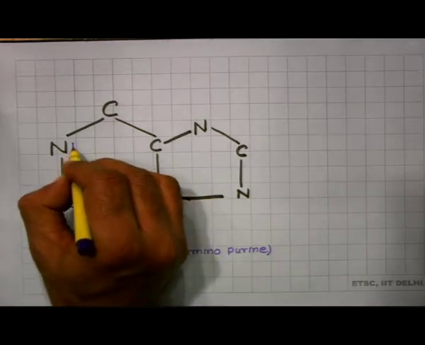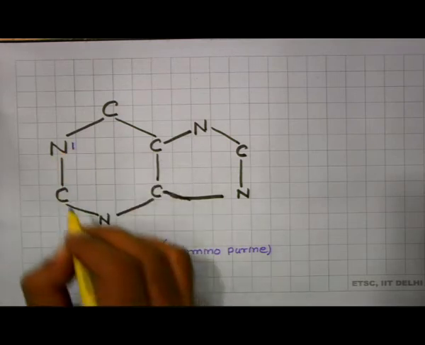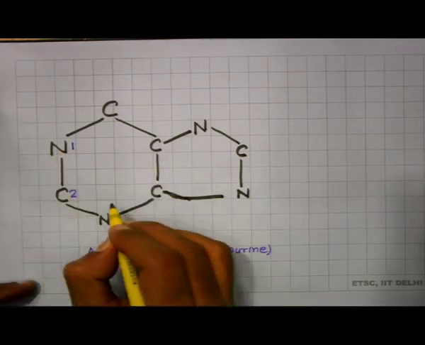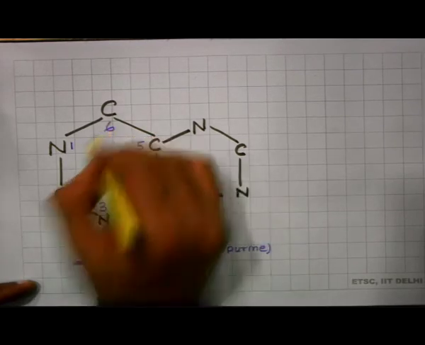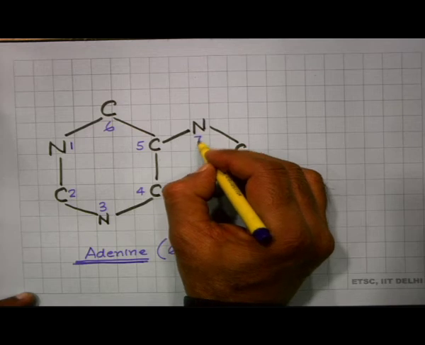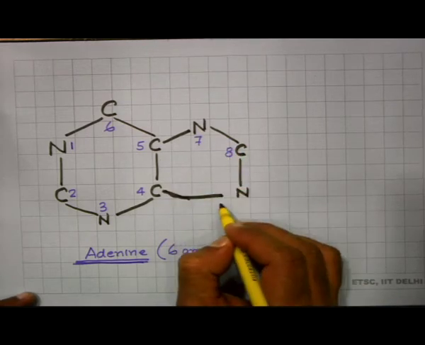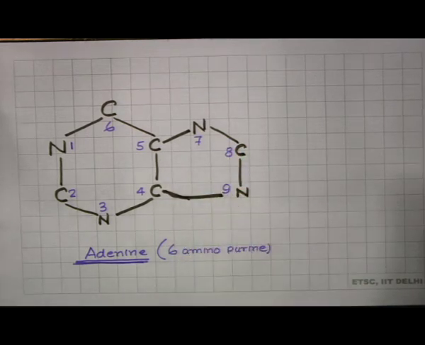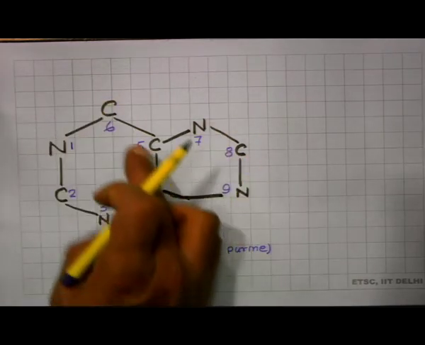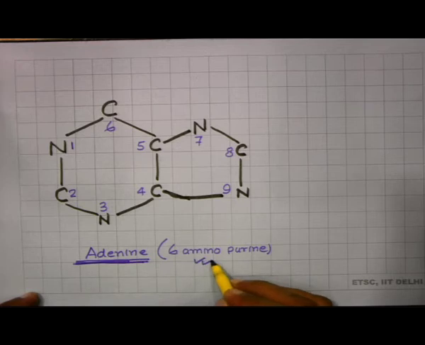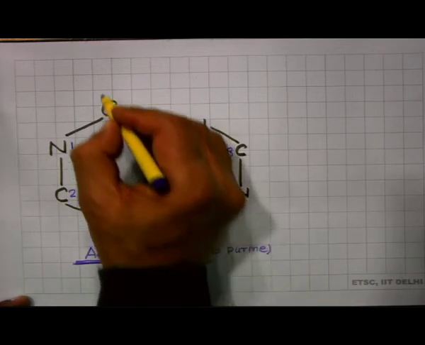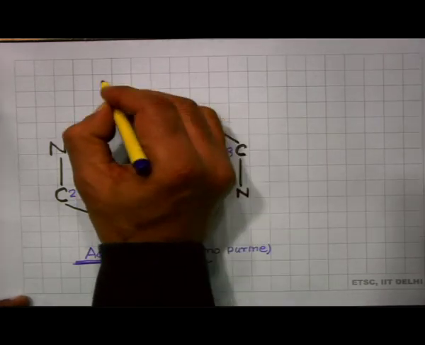Here this one nitrogen is 1, 2, 3, 4, 5, 6. Here 7, 8 and 9. So, in purine 9 atoms are there, arranged in this fashion. If adenine is known as 6-aminopurine, then at the 6th position you place the amino group.